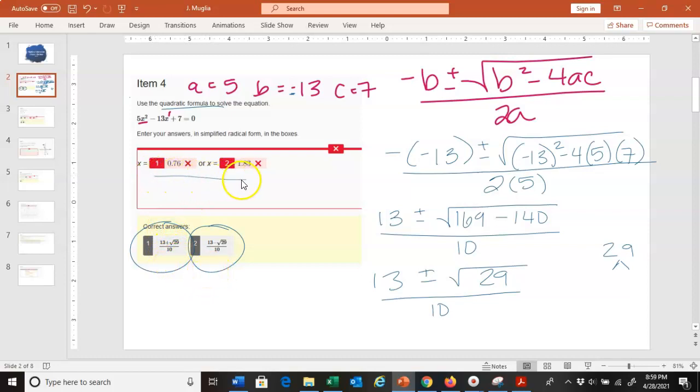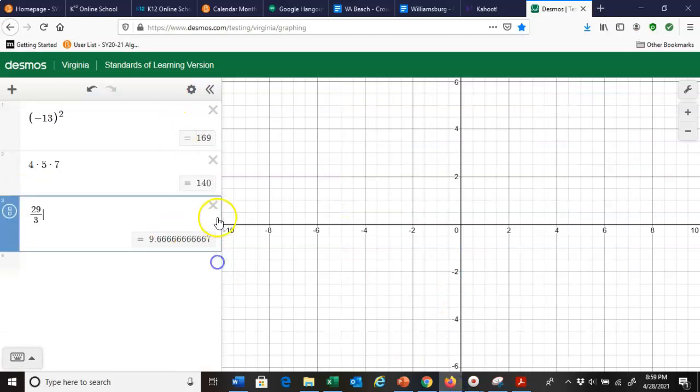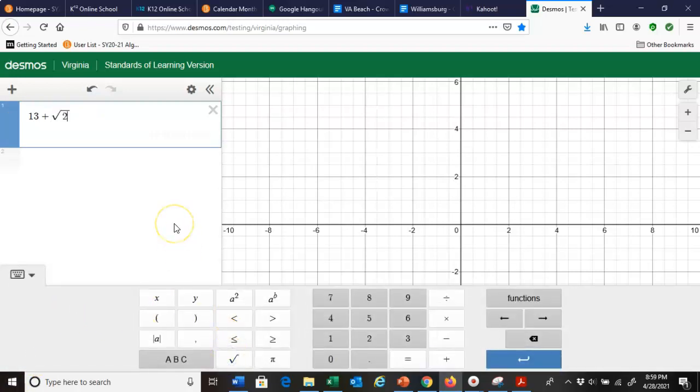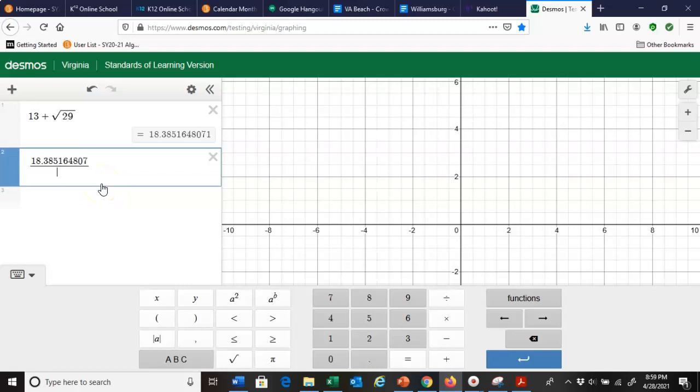I'm wondering if you just put it in decimal form. So let's see. 13 plus root 29, and then all of that divided by 10. That's 1.83.